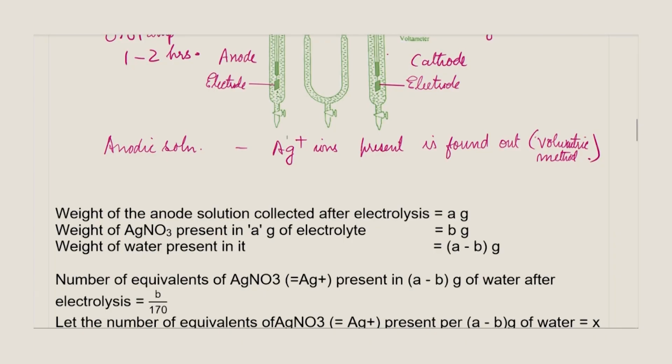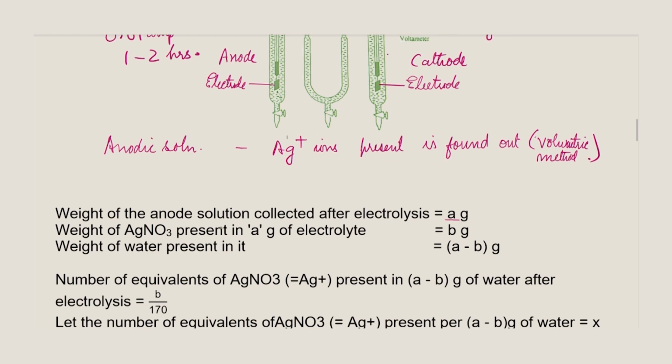Now, we will go for the calculation part. Here, the weight of anode solution collected after electrolysis: we take the anodic solution from the anode compartment to a previously weighed vessel, and note the weight of the anodic solution, let that be a gram.